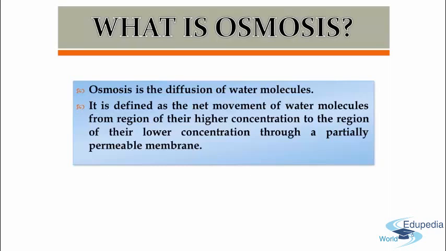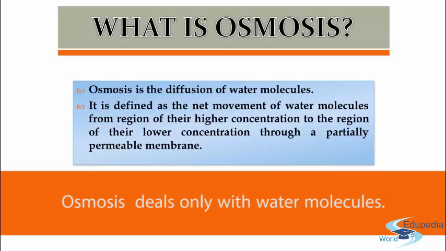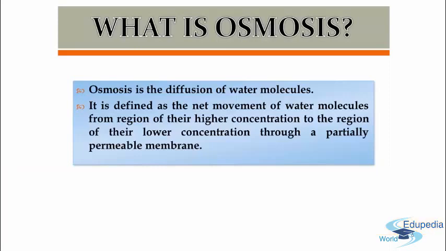This same definition, if you remember my previous video lecture, you have also seen in case of diffusion. But here in case of osmosis, it deals only with water molecules. This point should be noted and remembered.